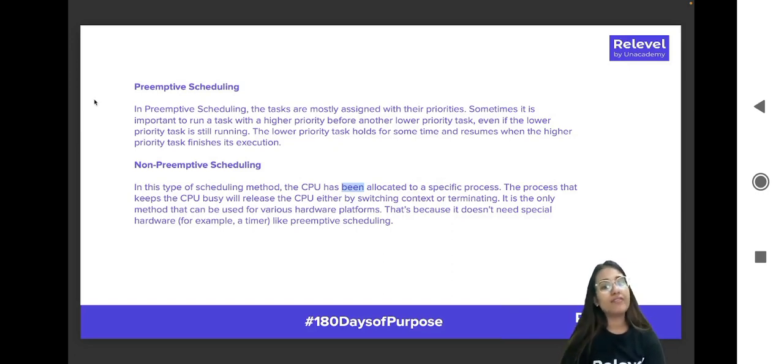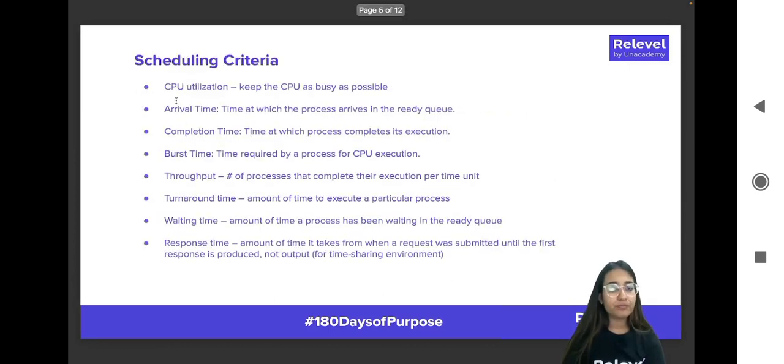Okay. So whenever we talk about scheduling, always remember these are the scheduling criteria that we need to make sure are present in all the scheduling algorithms that we take a look at. First is CPU utilization. We want to keep the utilization at 100%. We want to make sure that the CPU is utilized as much as possible.